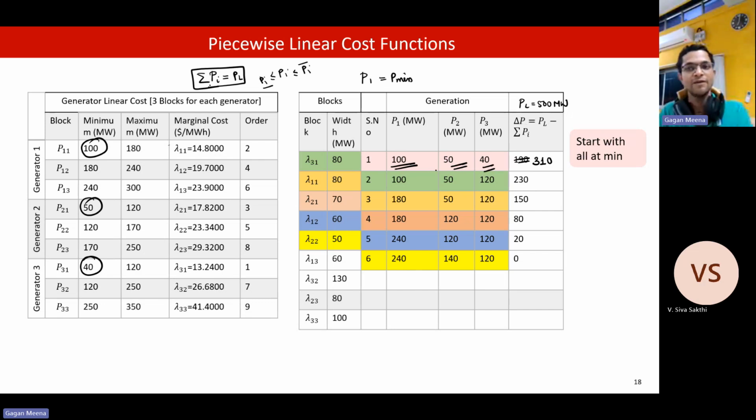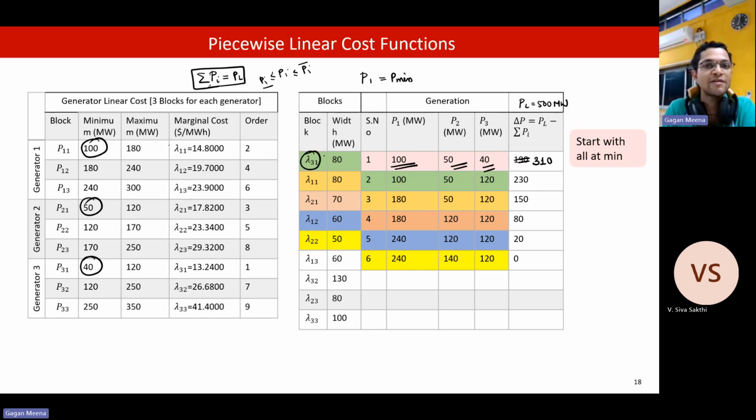Okay. Now we use these blocks. The first block is over and above the P minimum already, and its width is 80, so we can directly use 80.